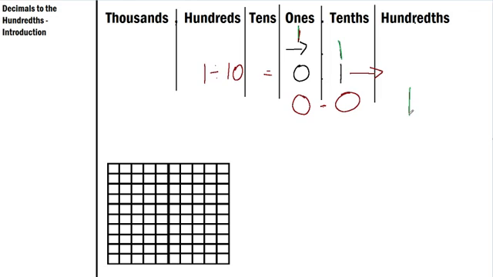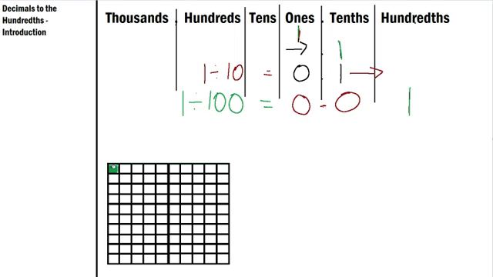Or you could say that's equal to 1 divided by 100. Here I have a picture of one whole thing divided into 100 pieces. If I have just one of those 100 pieces, then I have just one of those pieces filled in. That's what 1/100th looks like as a visual model.